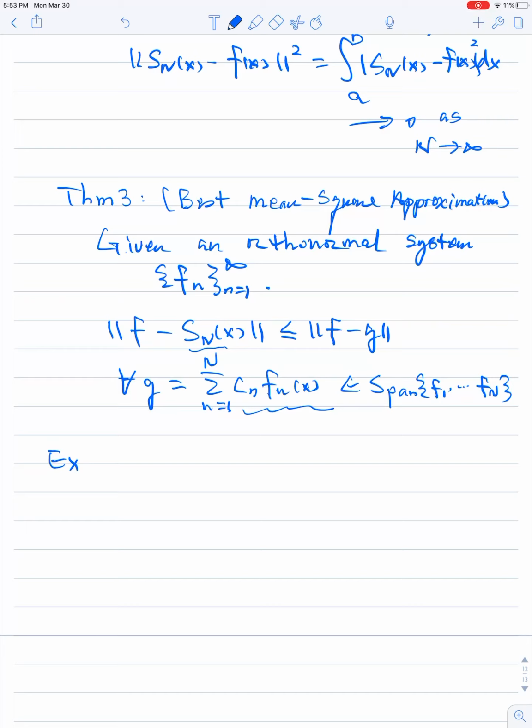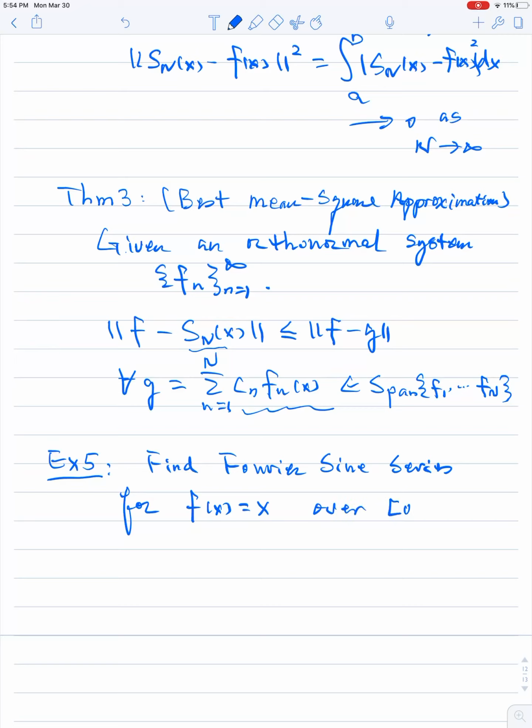Okay, so again, I'm not going to prove this, but instead I'm going to look at an example. This would be my fifth example, I believe. I ask you to find the Fourier sine series for f(x) equals x over the interval from 0 to pi.